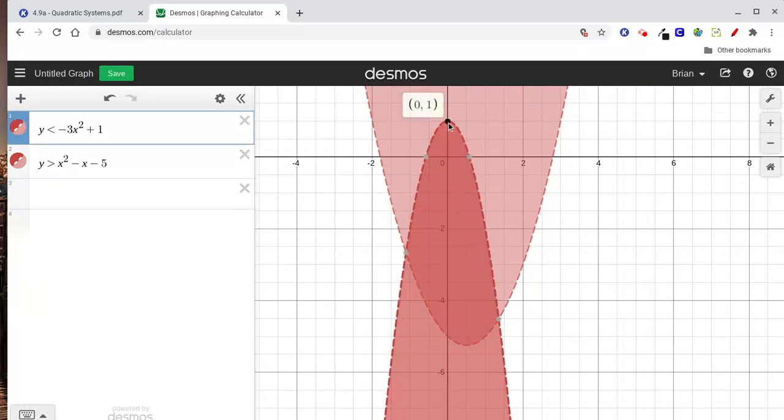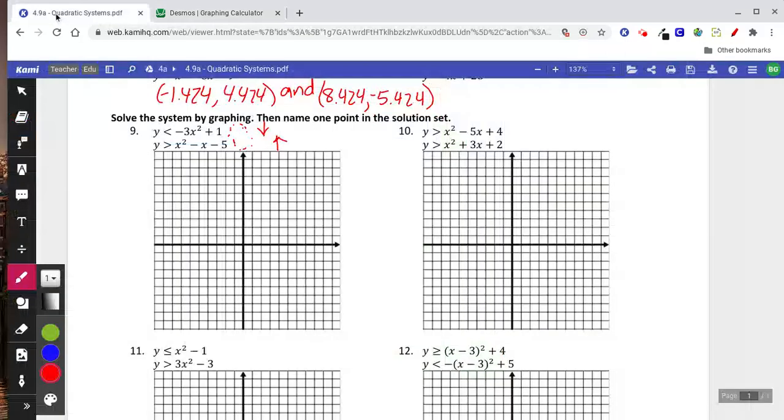So if we're graphing this one, I see a vertex is at (0, 1). This is kind of hard to do because the graphs are too small. But we have a vertex at (0, 1). And then notice the negative 3 makes your 1, 3, 5 into a times 3, so 3, 9, 15.